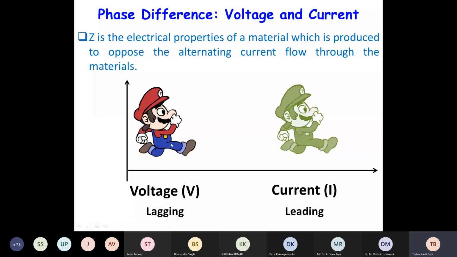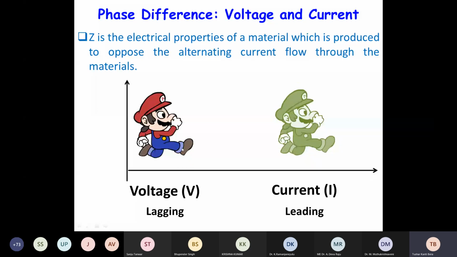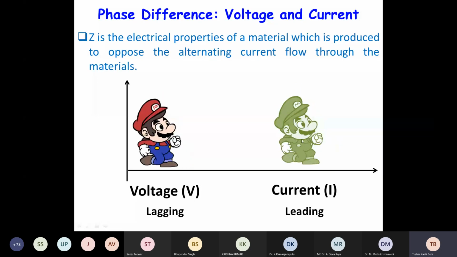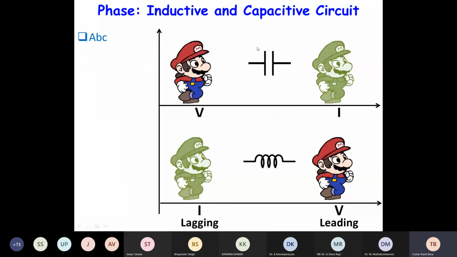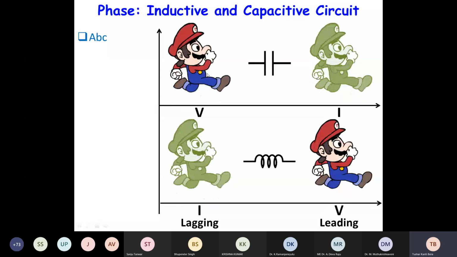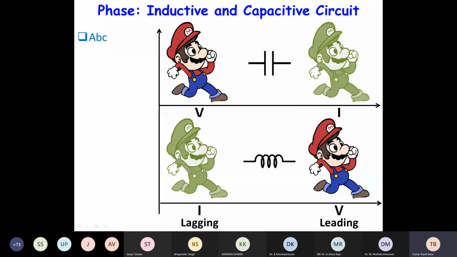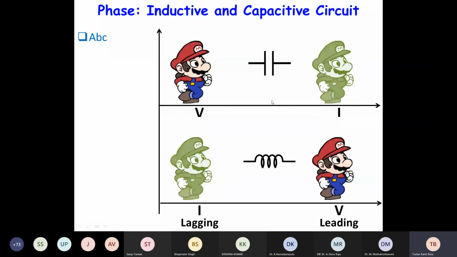The same phenomenon can be represented with a lagging term: the red and blue runner is lagging behind the green runner. So if the circuit is capacitive, we will see that the current is leading over the voltage, and if the circuit is inductive, the voltage is leading over the current. So this is the concept of the inductive circuit and the capacitive circuit, where current and voltage have some phase angle.